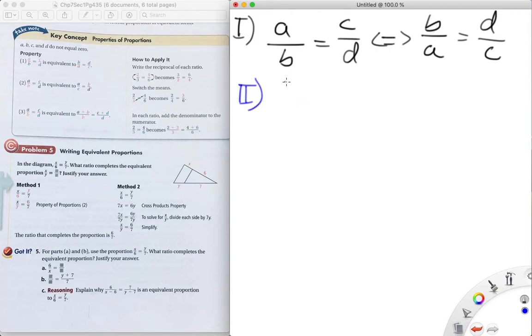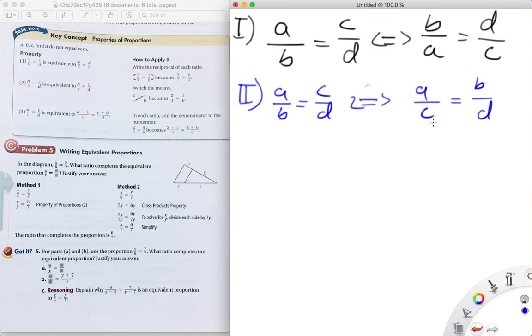Alright, so for A over B equals C over D, if I was to switch the means, A over C is equal to B over D. These guys are the same. Again, they are the same.